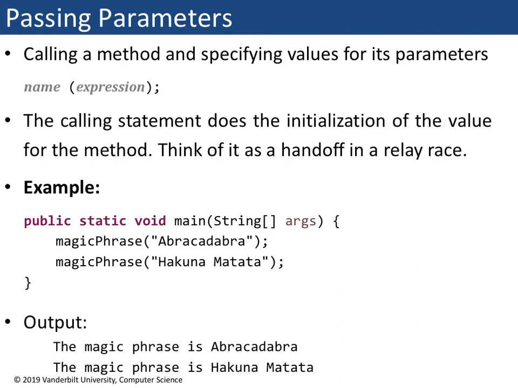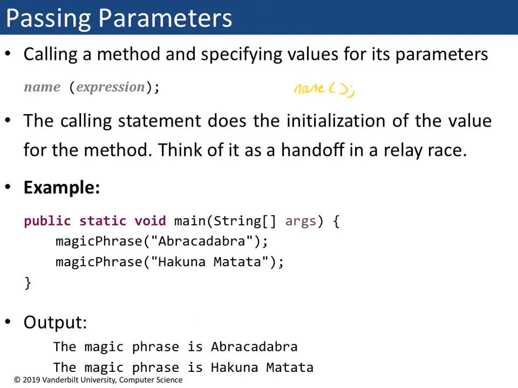So the general syntax for this, if you remember, we said that the general syntax for calling a method with no parameters was simply the name of the method followed by open and close parentheses and then a semicolon. Well, we're going to modify that. Now, in order to call a method which has parameters, we have the name followed by open parentheses and then whatever parameters we are going to be passing.